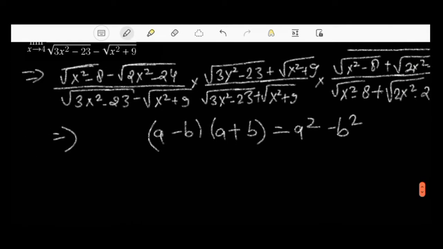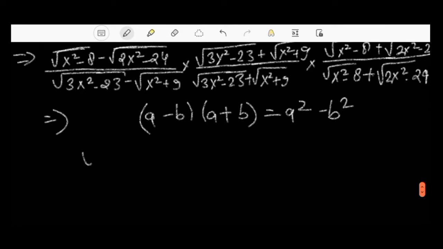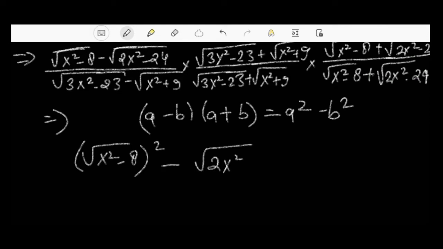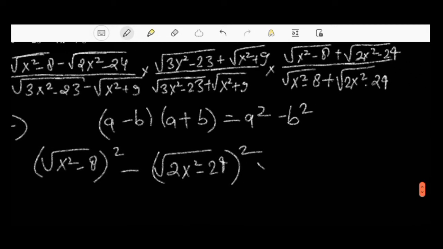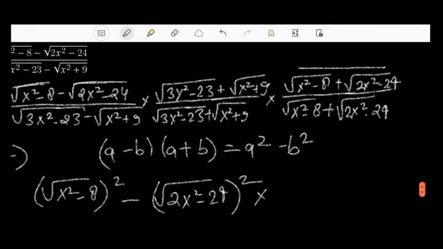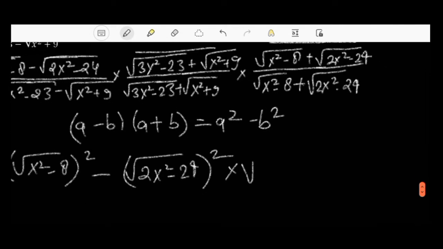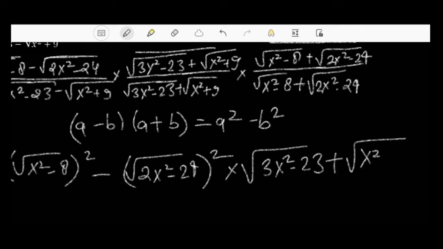So by this result we can say that square root of x square minus 8, whole square, minus square root of 2x square minus 24, whole square, and we are left with this square root of 3x square minus 23 plus square root of x square plus 9.